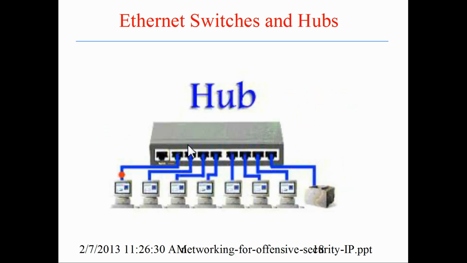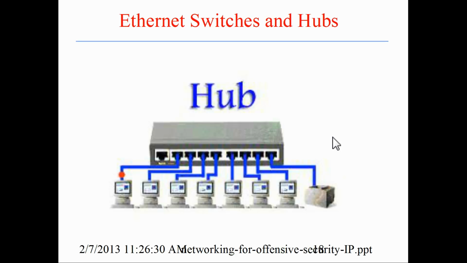And it doesn't send it to unintended recipients. However, hubs are effectively multi-port repeaters, and any packet that comes in over a hub is then sent out to every other port on that hub. So if I send it from computer A to computer B, the rest of the devices on the hub will get it, even the printer here at the end.